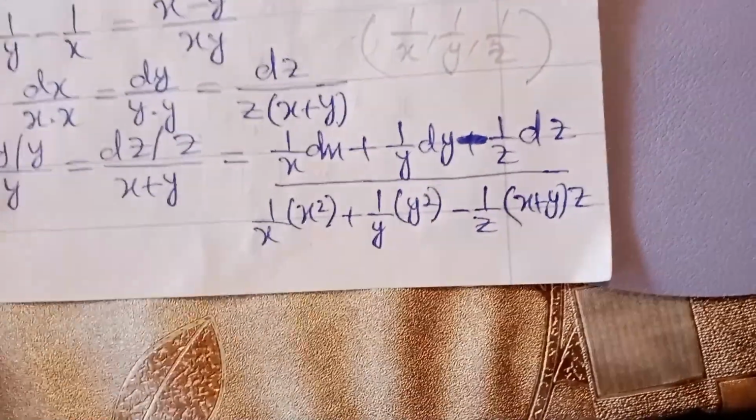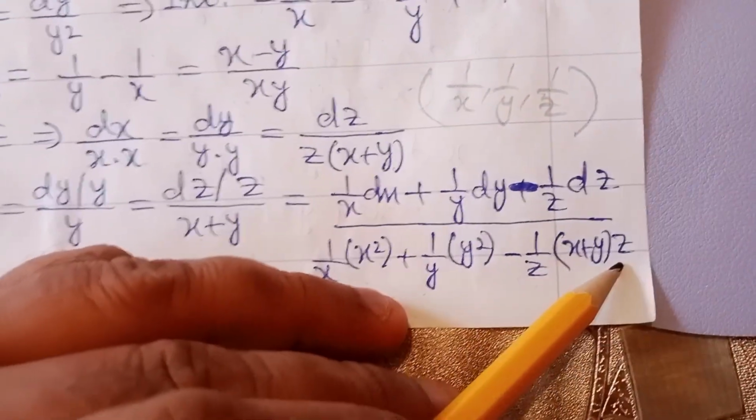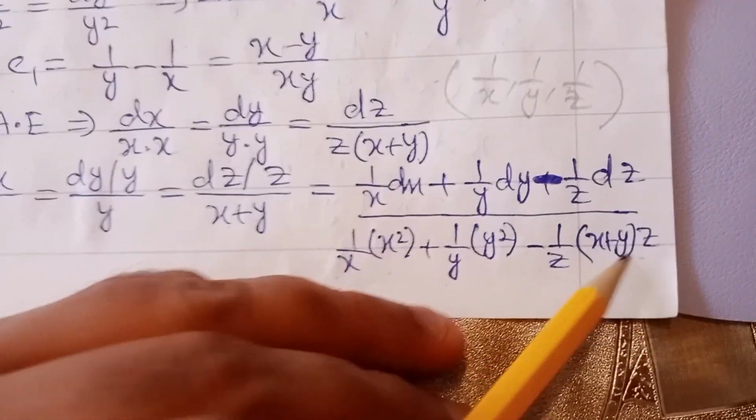So what happened? This x will be cancelled out, this y will be cancelled out, and this z will be cancelled out. So the remaining term will be only 1 x plus y minus x minus y.